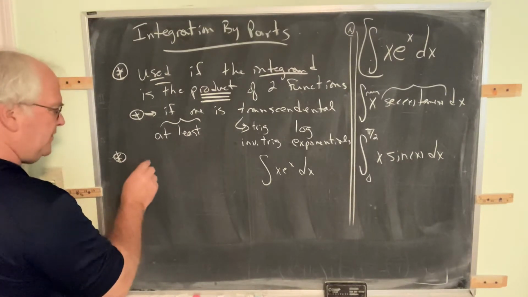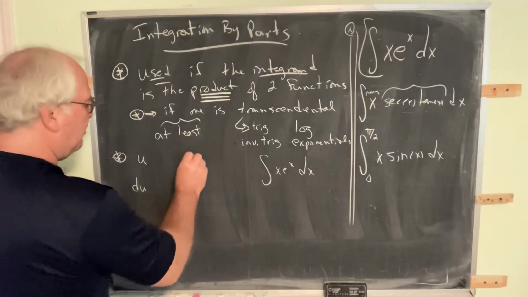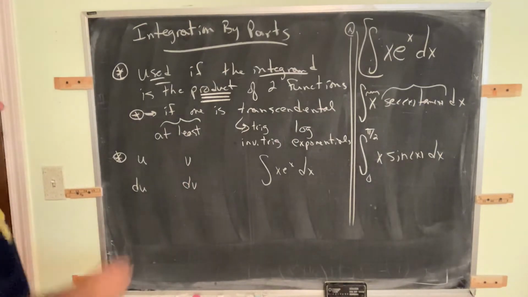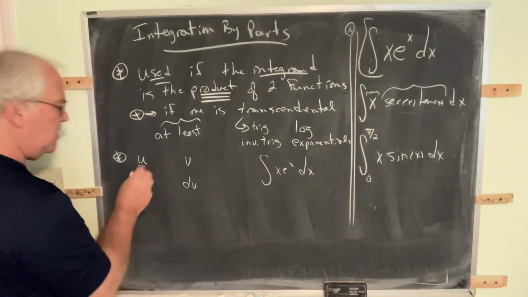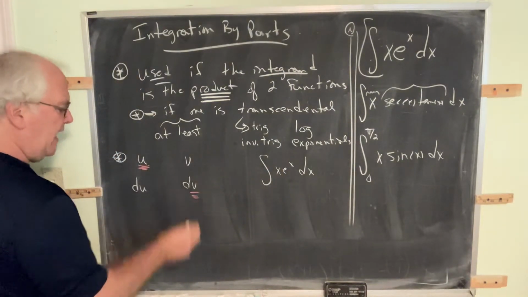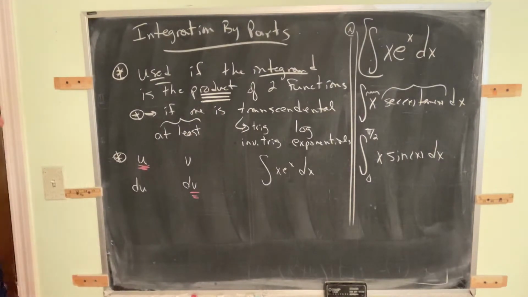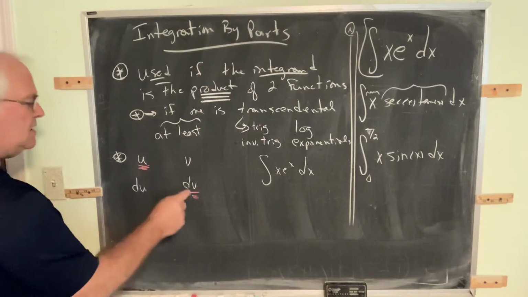We would write u, du, v and dv. We're going to break this integral down into u and dv. We will generate the others, but for now we need to express this as a function times a differential.